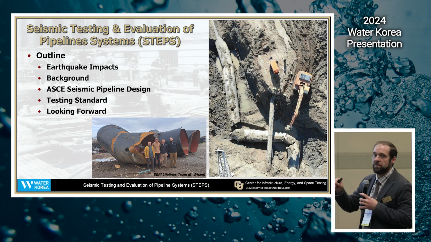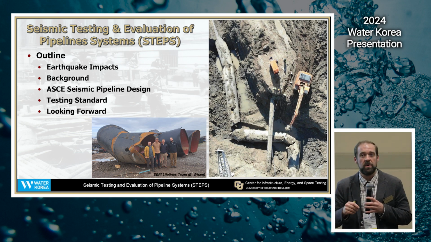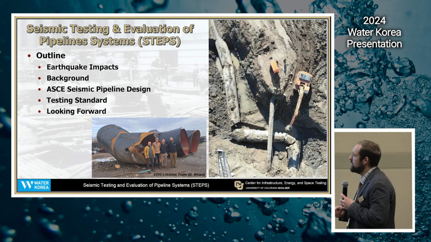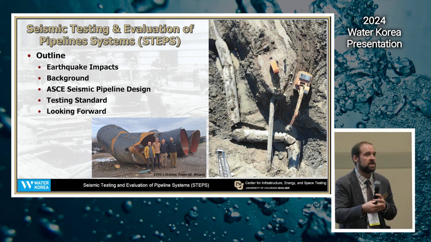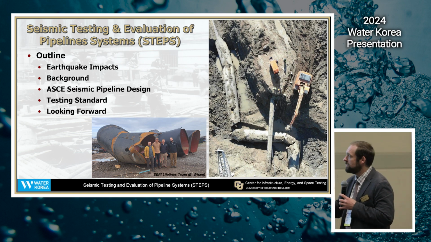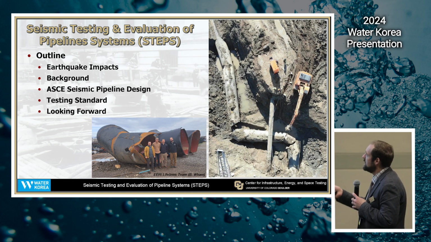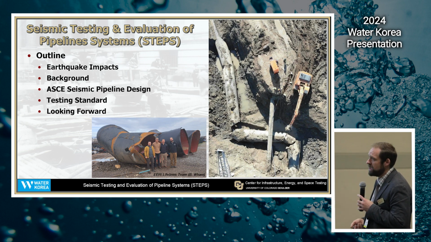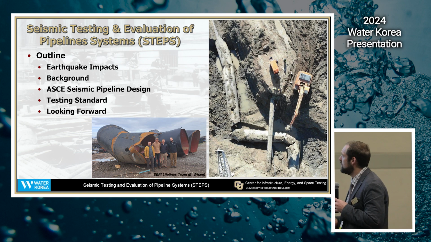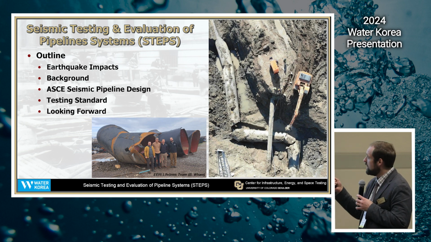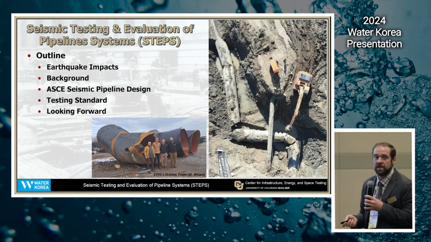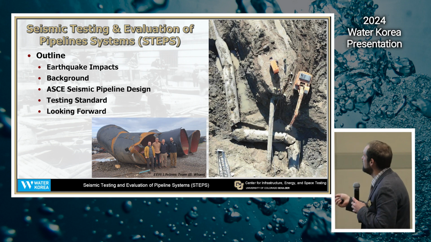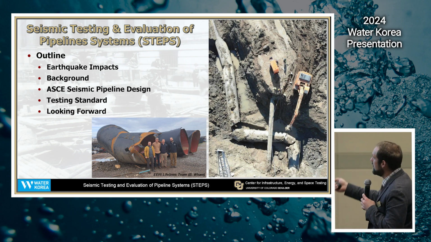I start with a couple of pictures here from the recent earthquake in Turkey, where we were doing some reconnaissance work to try to understand the effects of earthquakes on pipeline systems, which were severely impacted. An example of a large transmission line here on the order of 5 meters in diameter, where there's a natural gas or oil pipeline crossing over the top of it, and the fault rupturing at an angle right about here.